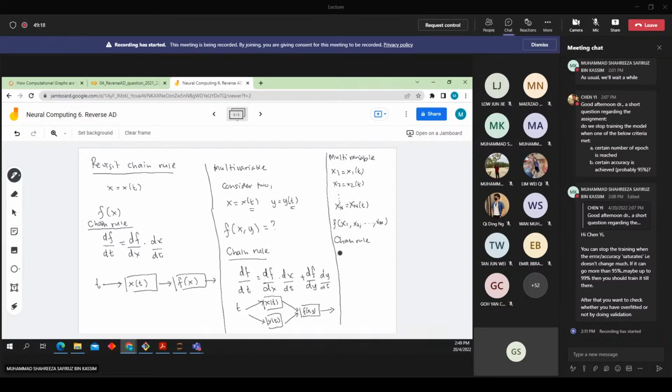You sum df/dt, which is the partial of f with respect to x1 times dx1/dt, plus the partial of f with respect to x2 times dx2/dt, and so on, plus the partial of f with respect to xn times dxn/dt.